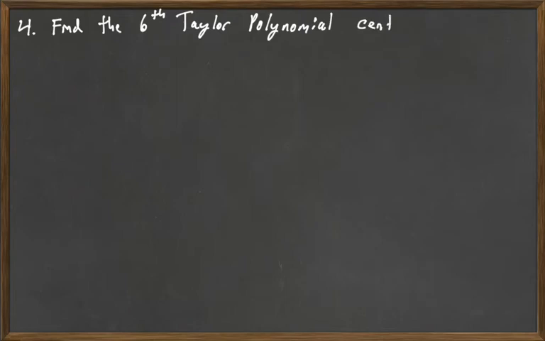So we'll look at example number 4. We're going to find a 6th-degree Taylor polynomial centered at x equals 0 for f of x equals the cosine of x. So this will be a Maclaurin polynomial.